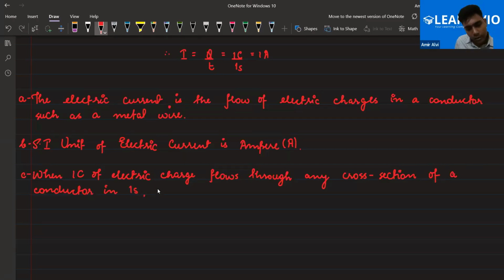The electric current flowing through it is 1 ampere.